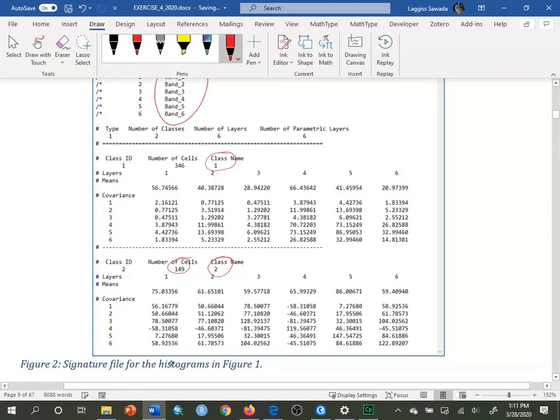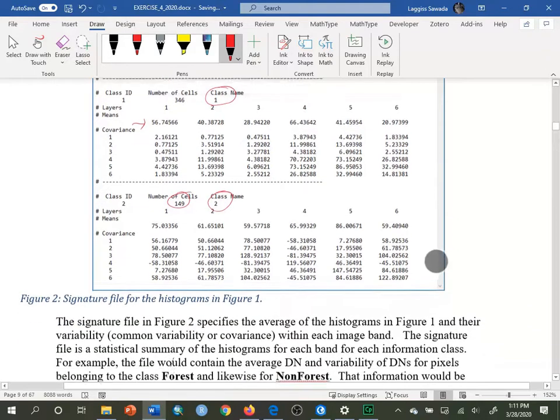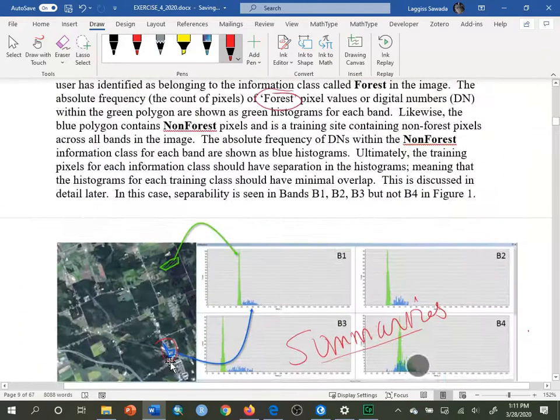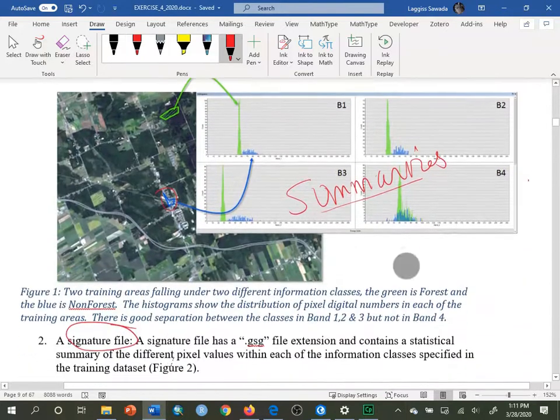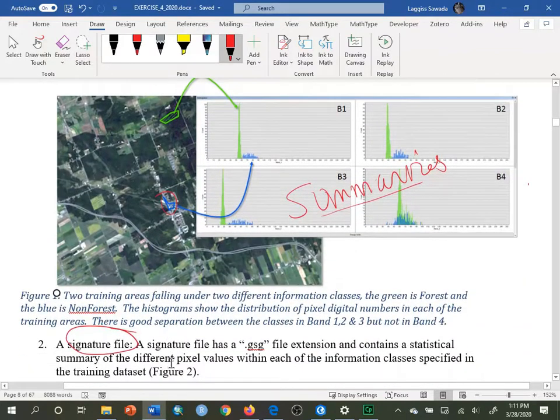And then it gives the average, or the means, within each band for each class, as well as a covariance matrix down here, which is a way to assess the separability within the bands for the machine learning classifier.